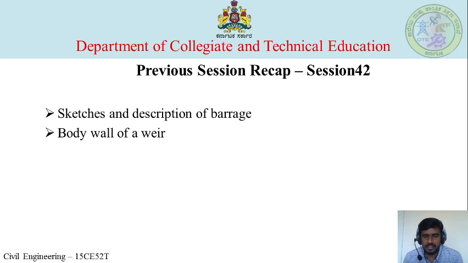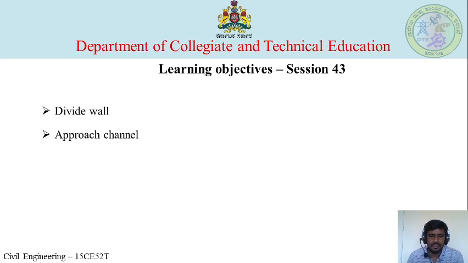In the previous session 42, you learned about the sketches and description of barrage, body wall of the weir. In this session, we are going to study in detail about the divide wall and also approach channel.